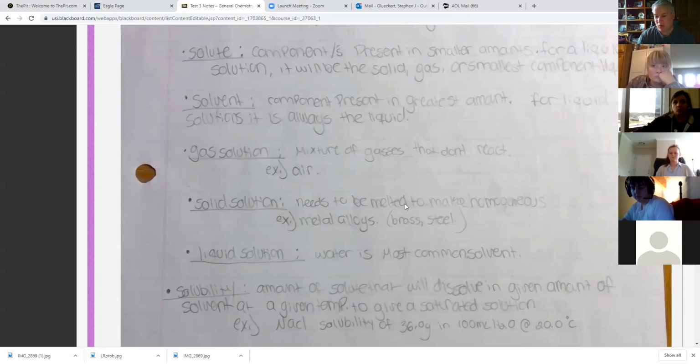Now, to make them homogeneous, they need to be melted first and then solidified. But normally when we think of solutions, what do we think of? Liquids. Liquid solutions. And even more typical than that, we think of stuff dissolved in water, right? Salt water, sugar water, stuff like that.